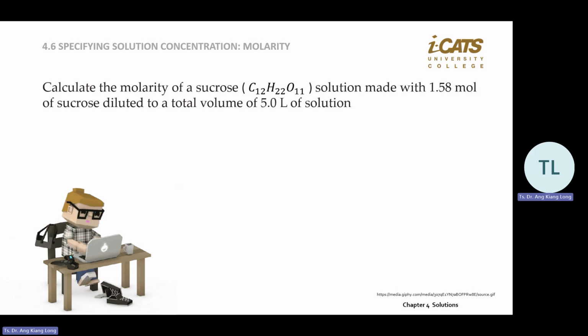This mole of sucrose equal to how many gram? You need to convert. So how do you find this one into gram? 1.58 mole multiplied by the capital X gram per mole, you get Y gram of sucrose.